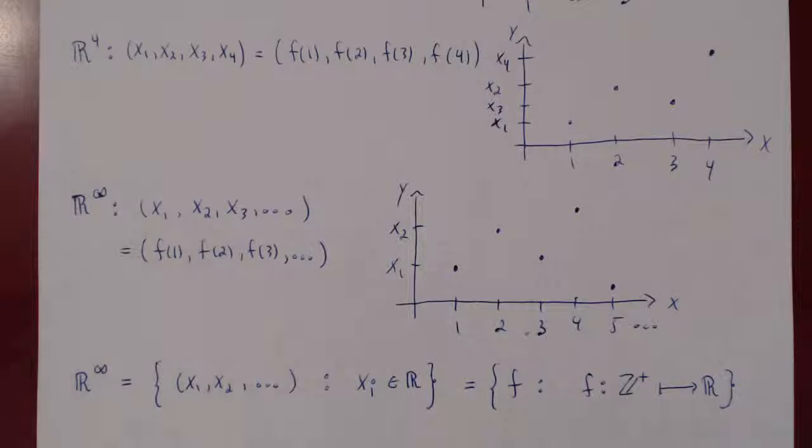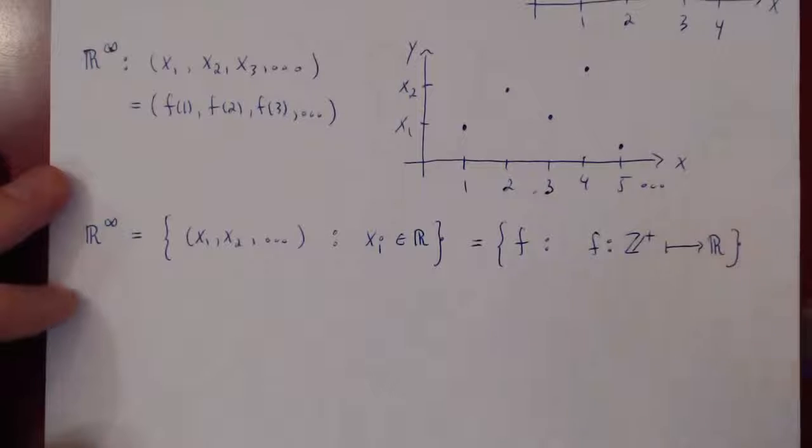And this is where it's interesting. This is the first time we now view a space of functions as a space of vectors, right? Quite naturally, R infinity is a space of vectors, but where the vectors have an infinite number of components. So this is quite naturally a vector space, but the set of all functions from the positive integers to the real numbers is equal to R infinity.